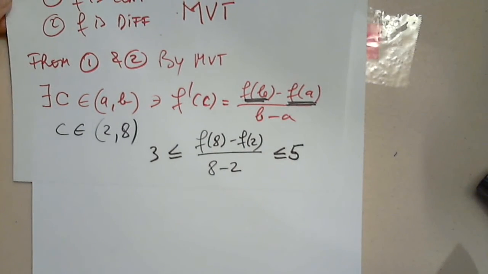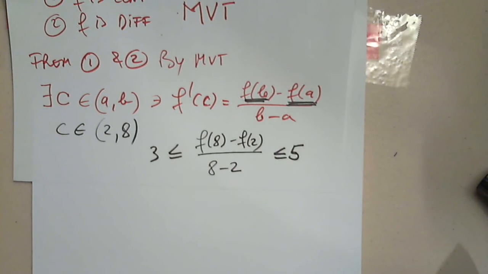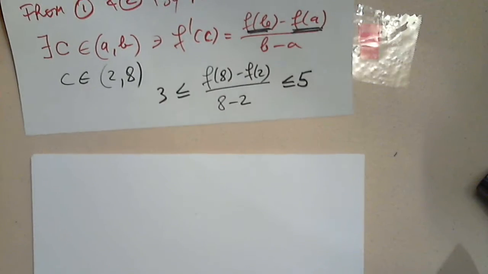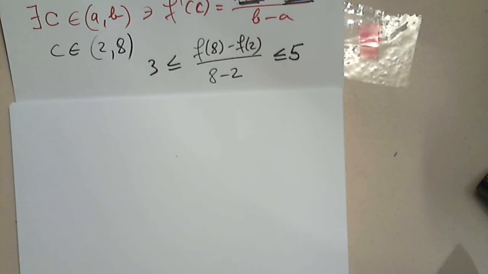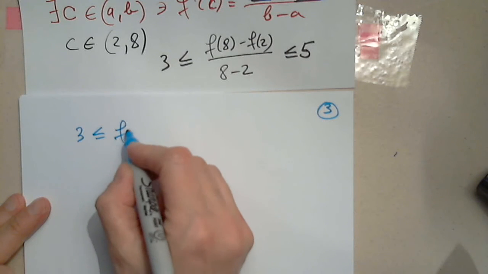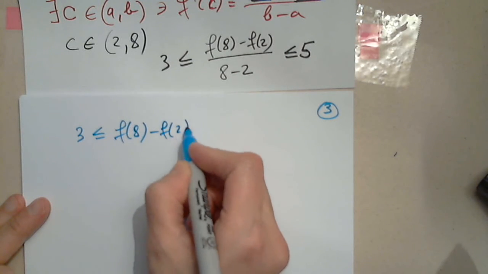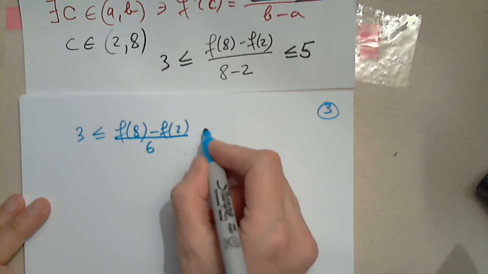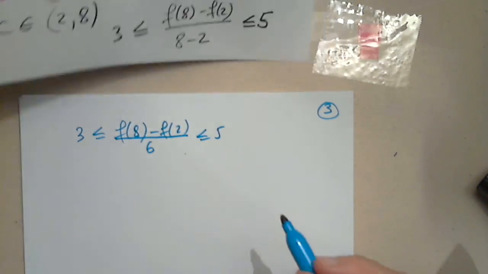Of course. So therefore, I perform the operation in the denominator. I get 3 less than or equal to f of 8 minus f of 2, everything divided by 6, less than or equal to 5.